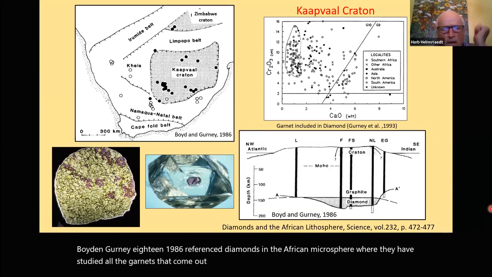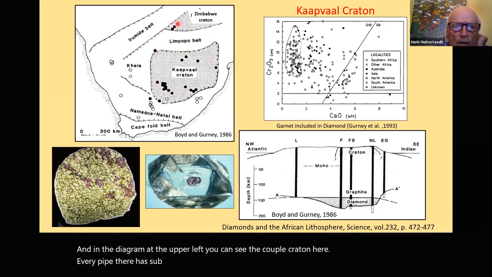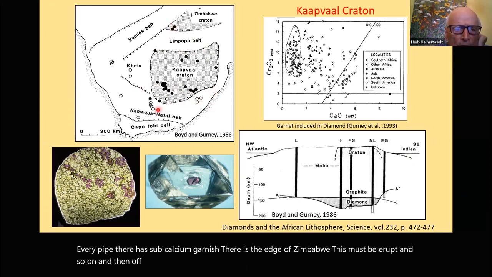In the diagram at the upper left, you can see the Kaapvaal craton here. Every pipe there has subcalcic garnets. There is the edge of Zimbabwe, this must be Orapa and so on. And then off craton, you do not find these kinds of garnets, as you can see.